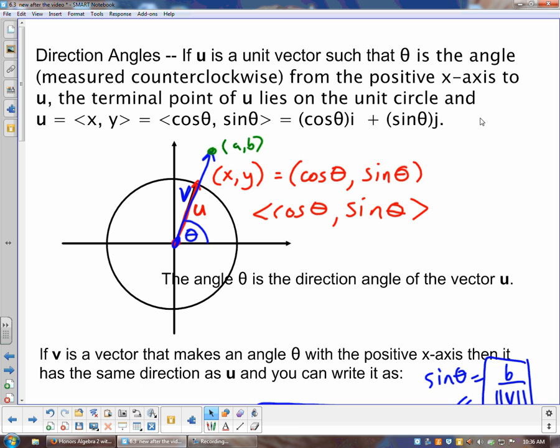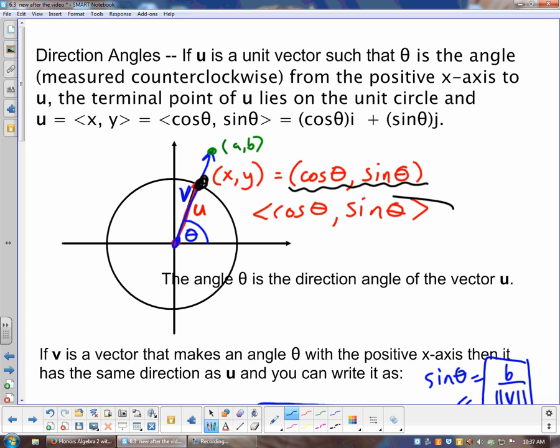So that's our angle. Since this point right here is x, y, we know from our work with trigonometry that it's also going to be cosine of theta comma sine of theta. The x-coordinate is the cosine, the y-coordinate is the sine. That means this little vector could be written in vector braces as the vector that goes from 0, 0 to cosine theta, sine theta.